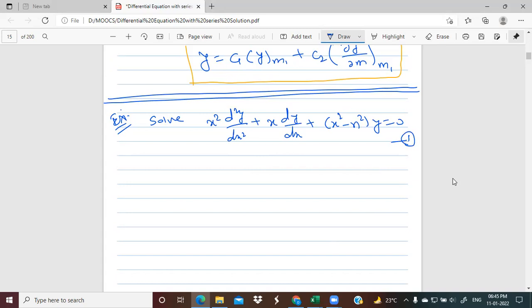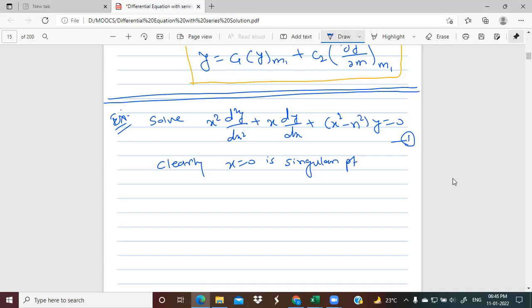Now here clearly x equal to 0 is a singular point. Therefore, what we have to do? x equal to 0 is a singular point. Then which type of solution can we write here? In this case, we can write our solution by using Frobenius method.